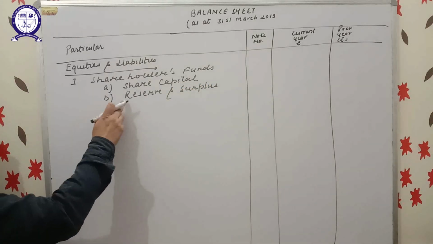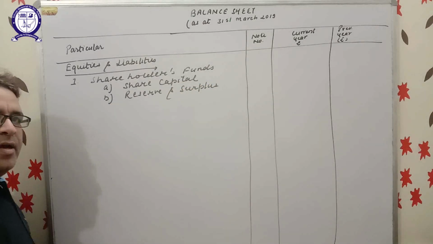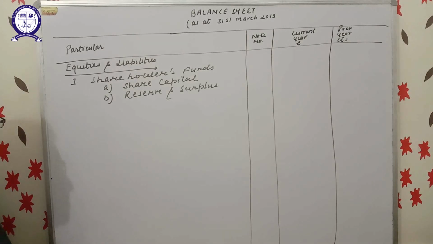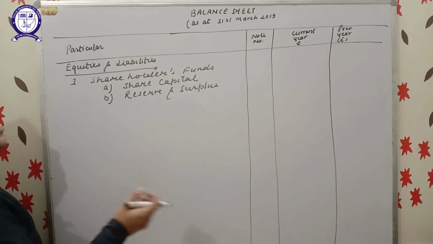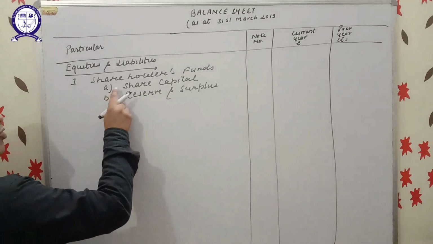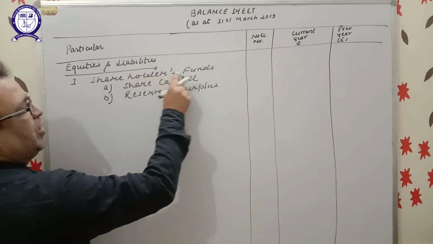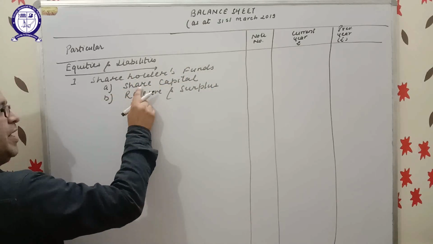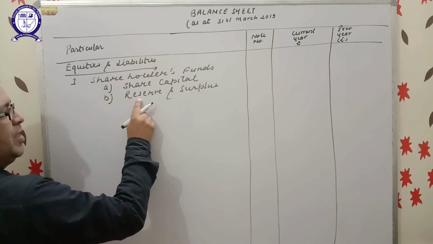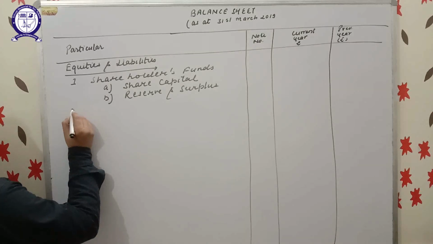A third item, share warrants, is also there, but according to our CBSE syllabus, it is not necessary to learn. So only 2 items you have to consider under the heading shareholder funds. Number 1, share capital. Number 2, reserve and surplus.